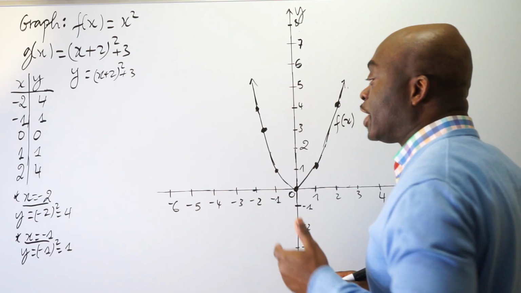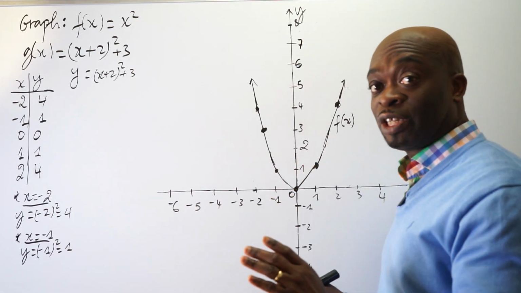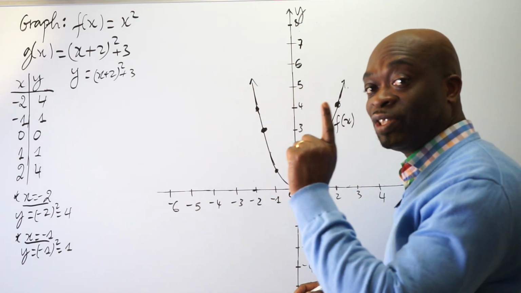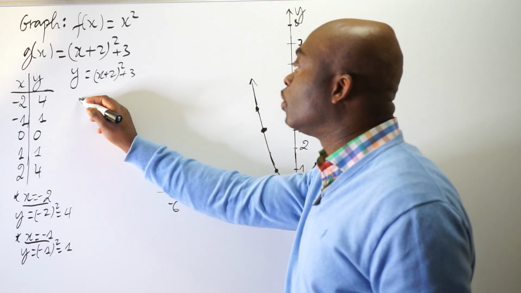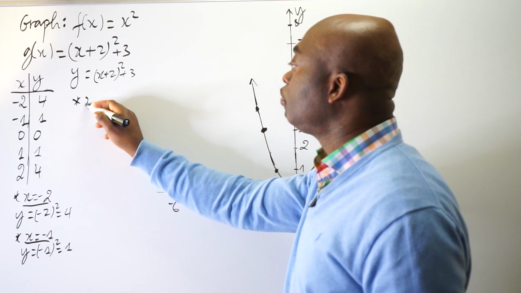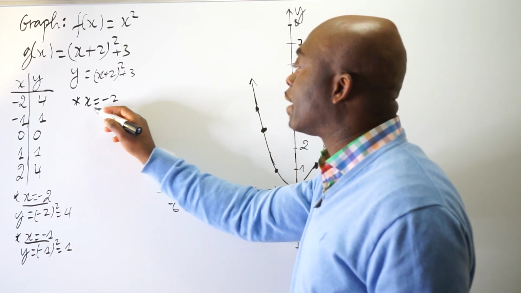We can still try to get some other points very quickly just to make sure. I can do it automatically, but I just want you to be safe first. So let's say x equals -2, like how we did it before.